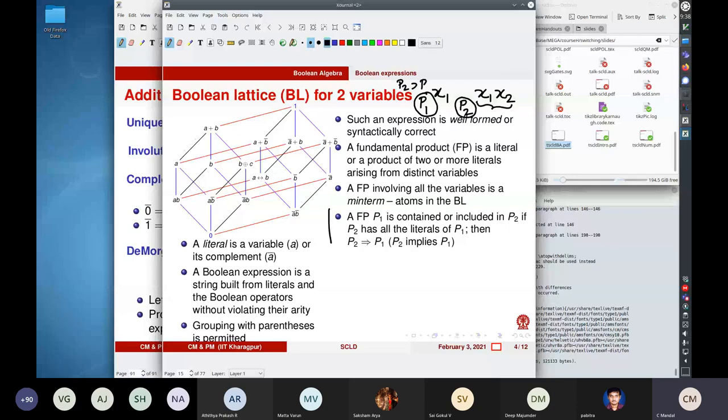So whenever properties x1 and x2 are satisfied, then of course property x1 will also be satisfied. That is what this implication is: whenever P2 is satisfied, P1 is satisfied. And by the definition of a fundamental product, P1 is contained in P2 because P2 includes all the literals of P1.